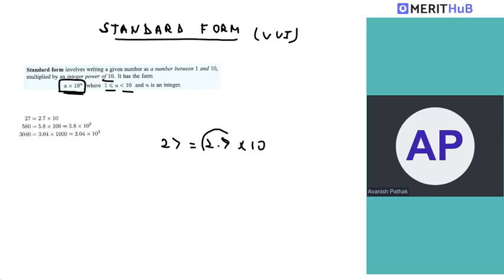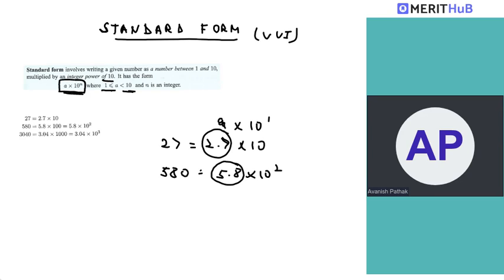So a is this value, into 10 to the power n, and the value of n is 1 over here. So the standard form is satisfied. Suppose I'm writing 580, then I have to do 5.8, because this is the value of a that's lying between 1 and 10, and that has to be multiplied by 10 squared. So the standard form is satisfied. Similarly, we do the same for a 3-digit number.